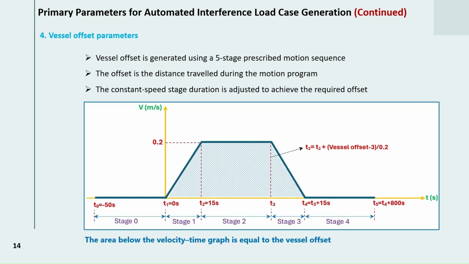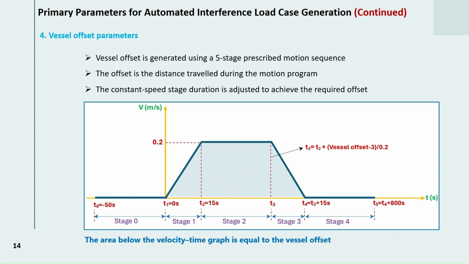This slide explains the logic of vessel offset definition. The vessel offset is generated using a five-stage prescribed motion sequence. Typically, the vessel is held, accelerated, moved at constant speed, decelerated, and then held again.